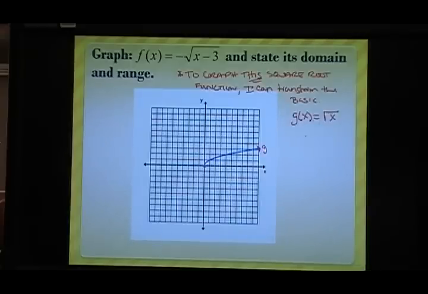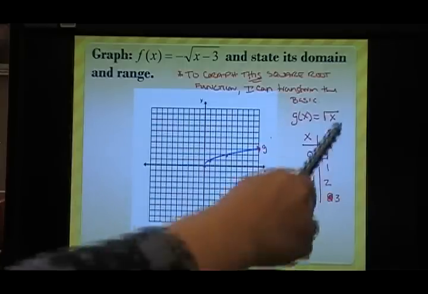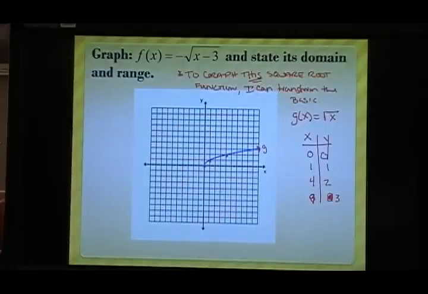Okay? And we just discussed good points to use: (0, 0), (1, 1), (4, 2), and (9, 3). Right? Input 9, the square root of 9 is 3.